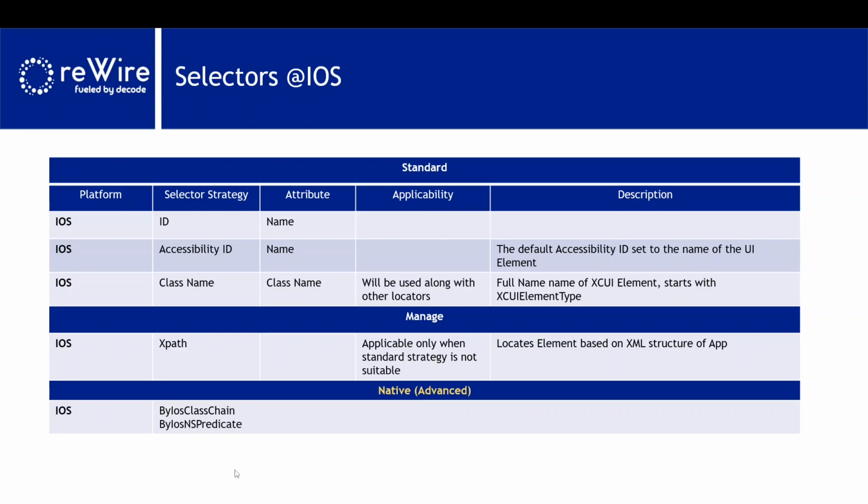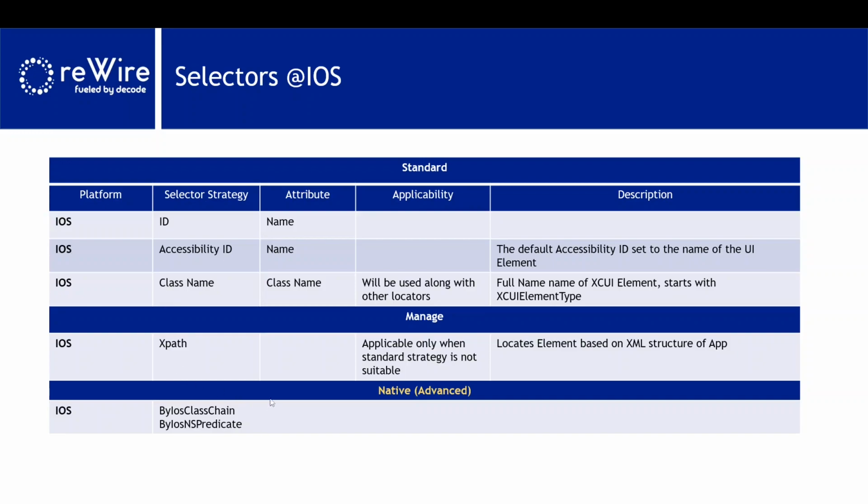Since it is an iOS-based architecture, they are following a different naming convention. Another difference is accessibility ID. For accessibility ID, you need to use the value of the name attribute. You won't find content-desc like in Android.